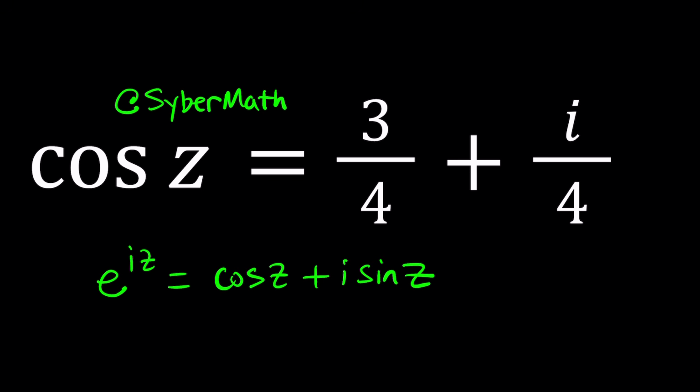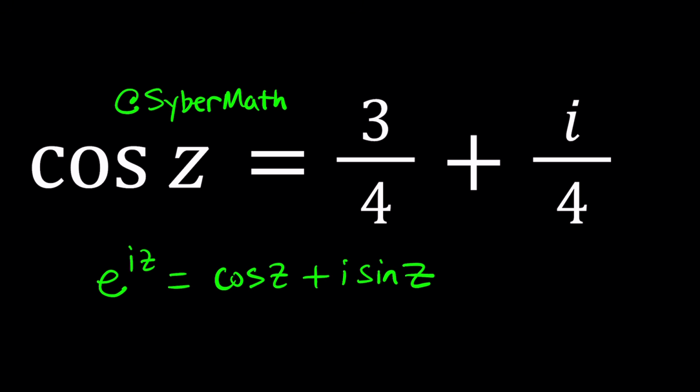By the way, this also gives you the most beautiful equation. How? You can replace z with pi, and then on the right-hand side, you're going to get -1, which is amazing because you're kind of putting together the transcendental numbers with imaginary numbers, with integers, all in one equation. That's why it's called the most beautiful equation in math.